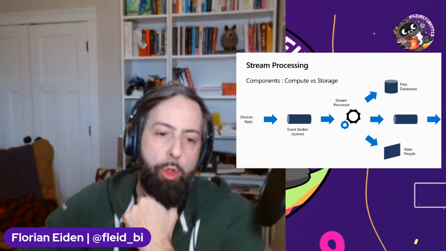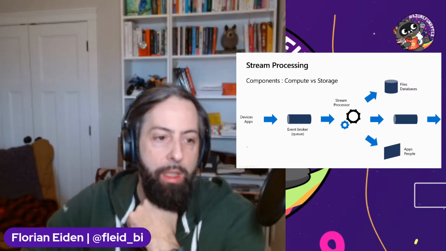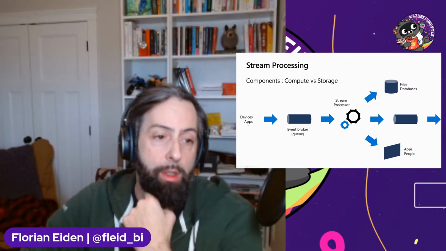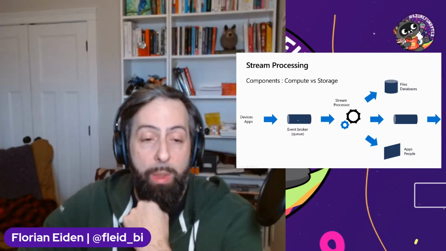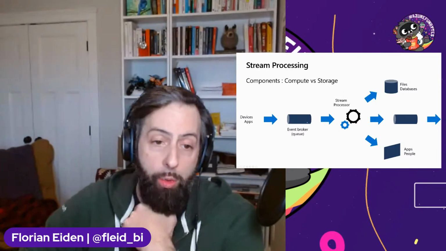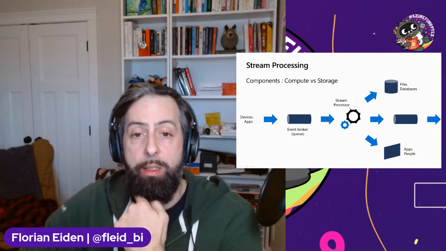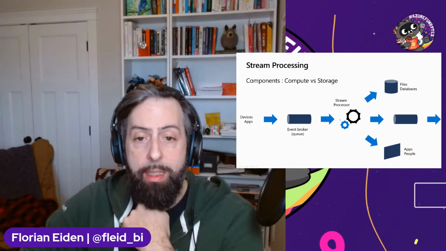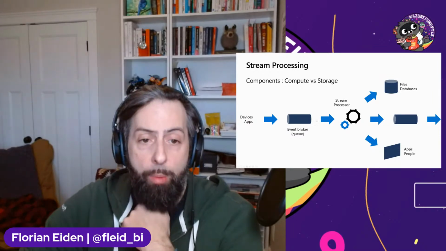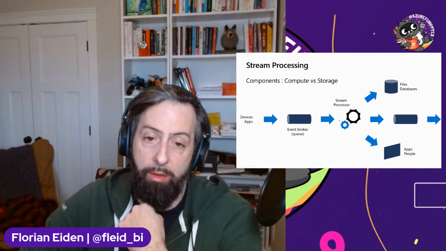So we add queues as much as we can. When your devices send their telemetry, or your apps send their events like logs, we land them first into a queue, an event broker. Then the stream processor will subscribe to that queue and read at its own rhythm, so we can scale those independently and absorb spikes of traffic in the event broker.